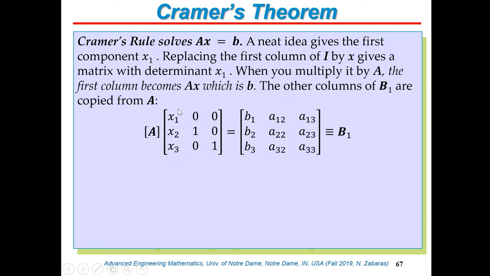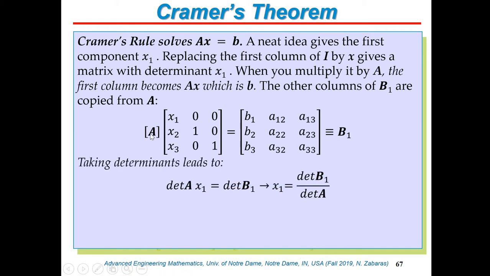Now, would you agree that the determinant of this first matrix, if you expand on cofactors on the first row, you only have x1. So the determinant of this matrix is x1. So let me take determinants of this equation. I'm going to have the determinant of A times x1 equal the determinant of B1, which is another 3 by 3 matrix. So x1 is the determinant of B1 divided by the determinant of A.